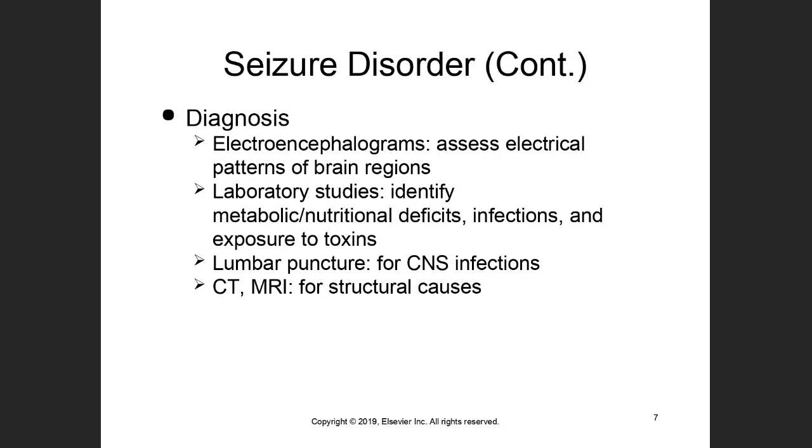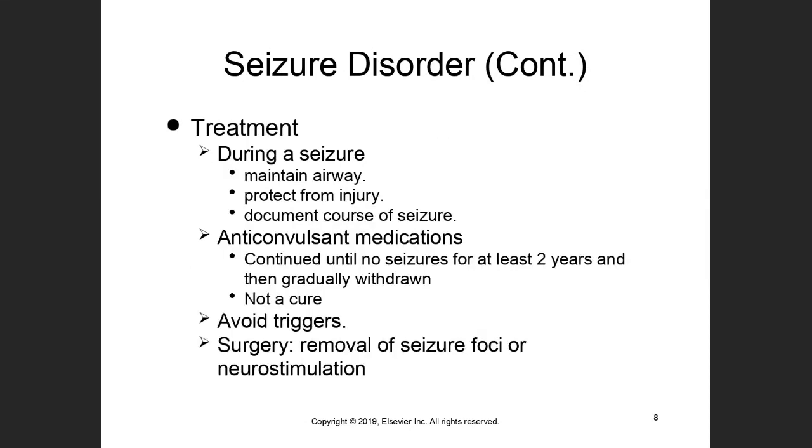That's why if you have a patient with one seizure, most of the time you don't do anything. If the patient has another event, then you have to investigate what the problem is. You have to do everything, including images.